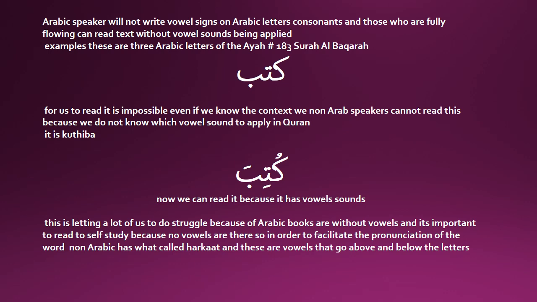Even if we know the context, we non-Arabic speakers cannot read this because we do not know which vowel sound to apply in the Qur'an. It is kutiba. When I applied the vowels on it, now we can read it because it has vowel sounds.